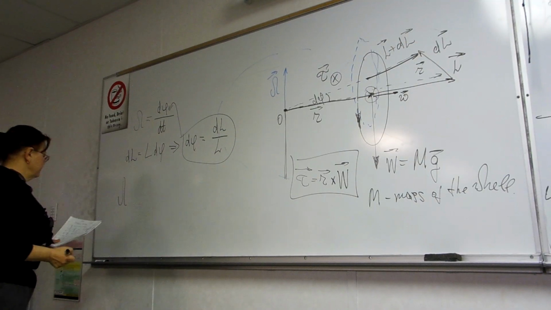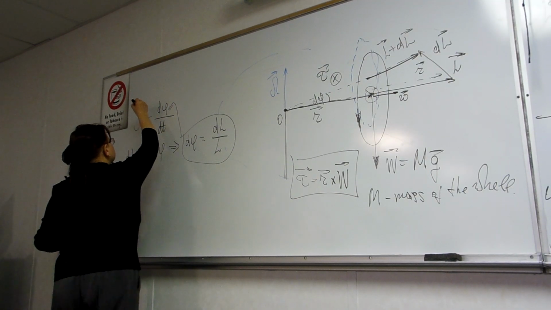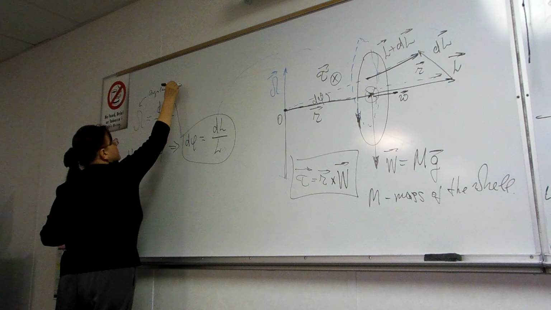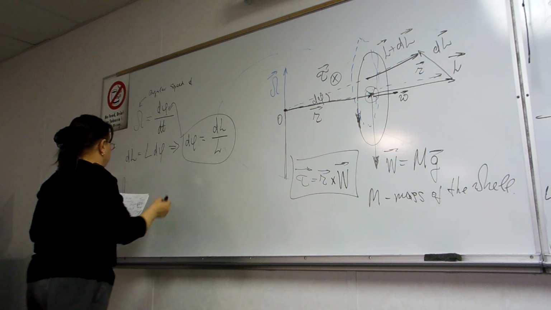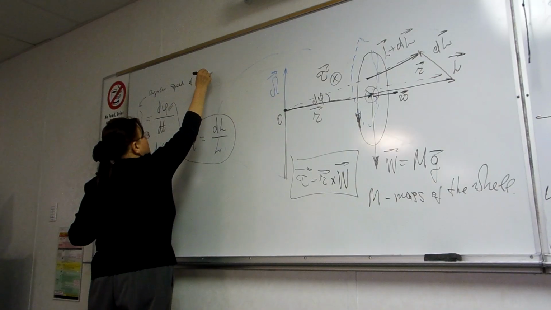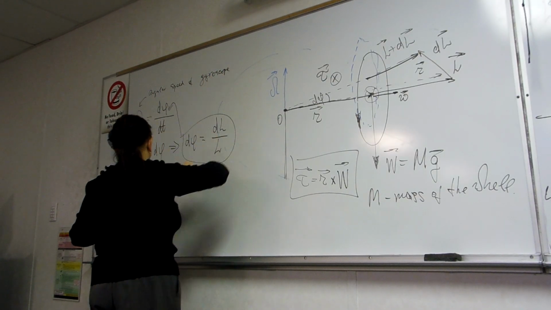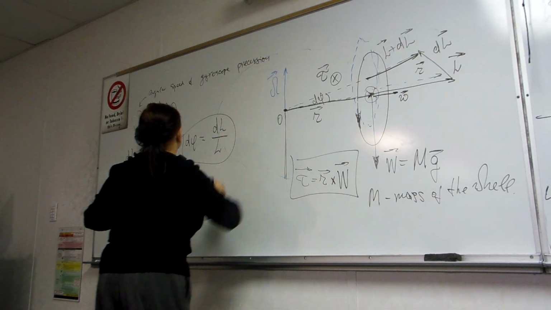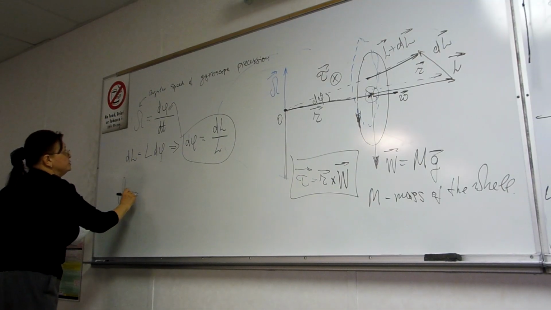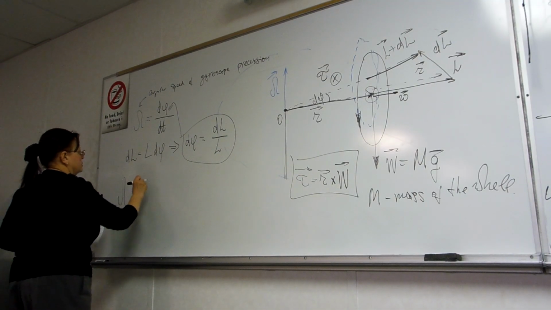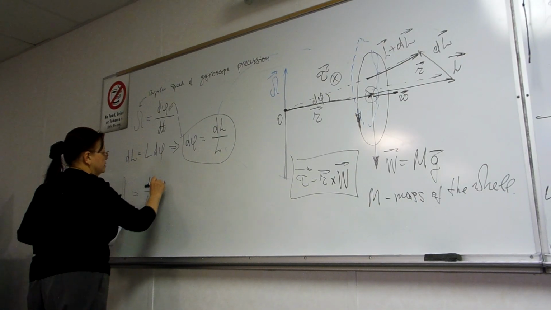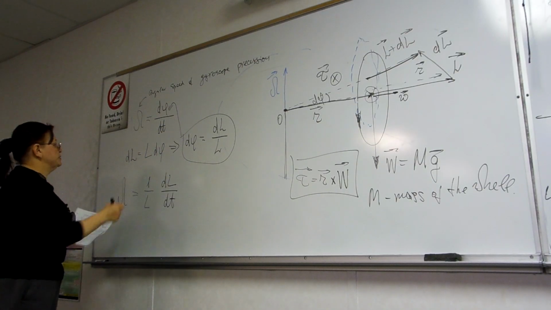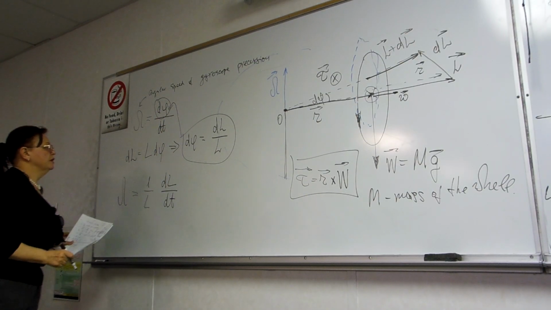Then omega, which is angular speed of gyroscope precession, can be determined like 1 over L dL over dt, right? When you substitute that d phi over here instead of the d phi, you will get this.